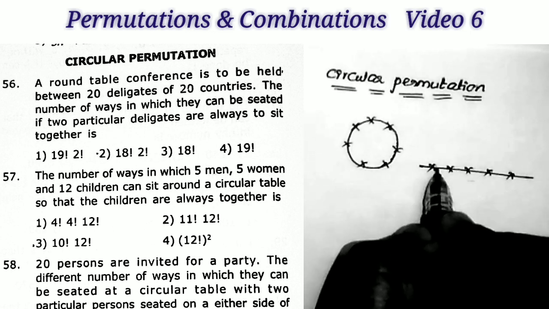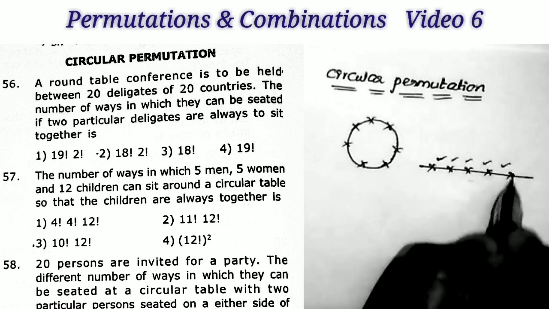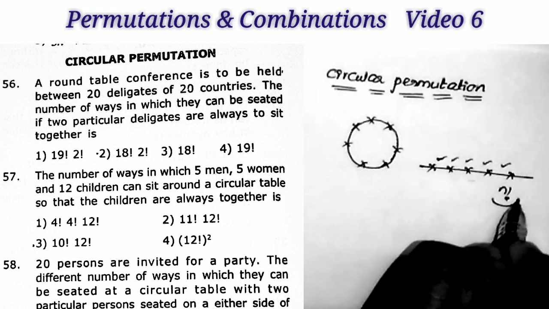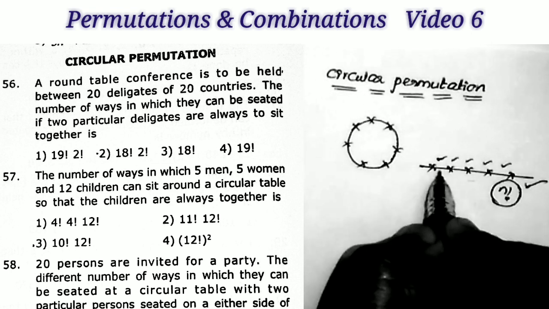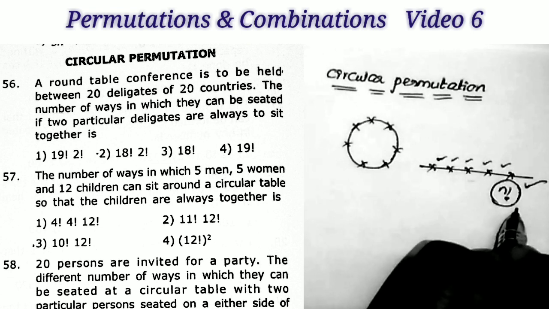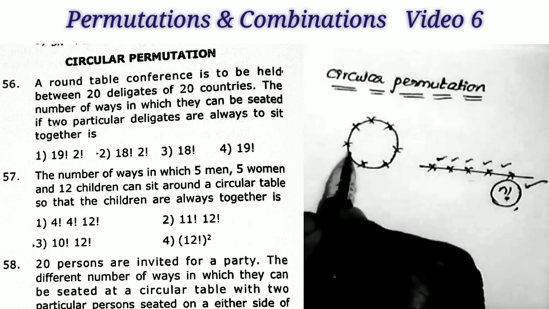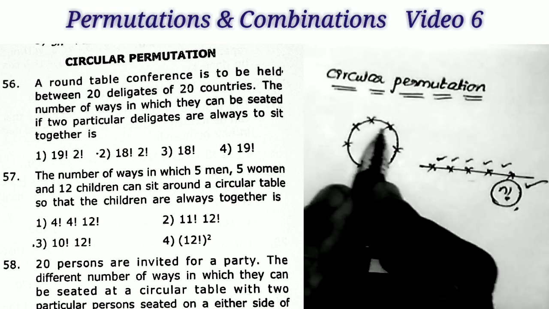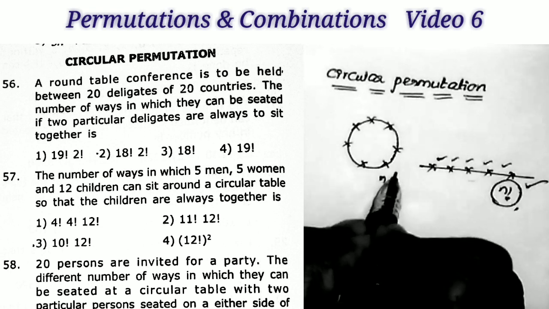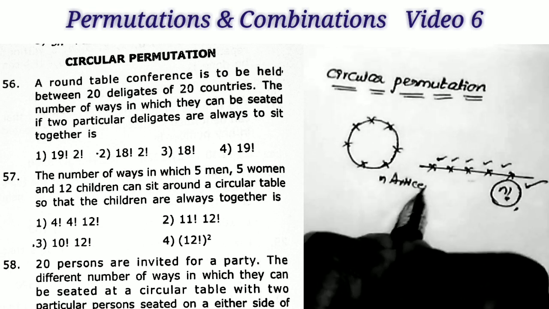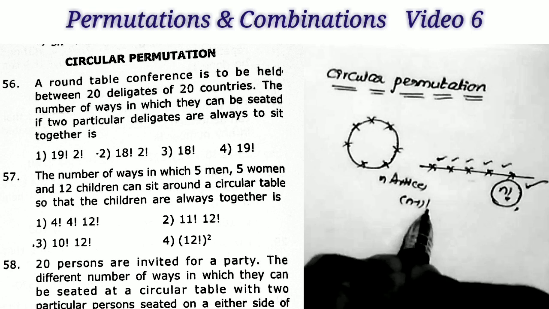Linear permutation means number of ways of arranging n articles is equal to n factorial. But in case of circular permutation, number of ways of arranging n articles is equal to the formula (n minus 1) factorial.